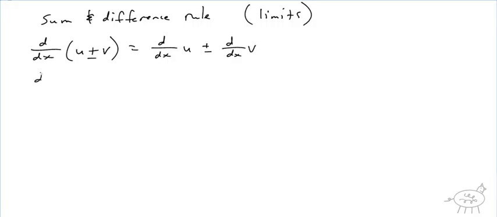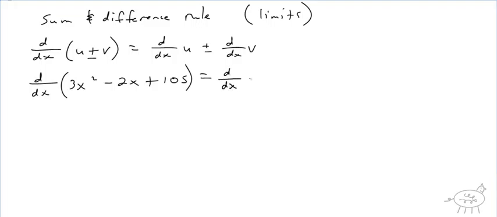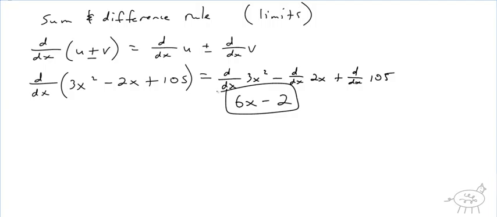So if I said d by dx of 3x squared minus 2x plus 105, you're not going to write that out every time, but you're really saying d by dx of 3x squared minus d by dx of 2x plus d by dx of 105. So d by dx of 3x squared is 6x, derivative of 2x is 2, derivative of 105 is 0, so our answer is 6x minus 2.